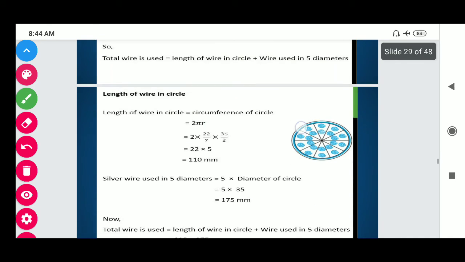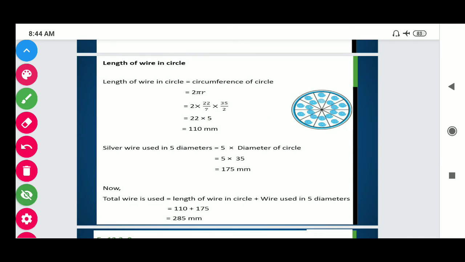Now students, the length of wire, that is the circumference of the circle, we know the formula is 2 pi r, and the value of pi is 22 over 7 and radius is 35 over 2. By using the values and calculating this, we get 110 mm. The silver wire used in 5 diameters is equal to 5 times the diameter of the circle, and we know the diameter of the circle is 35.